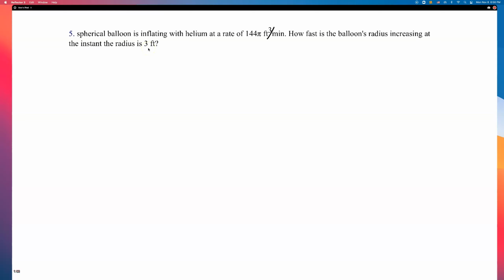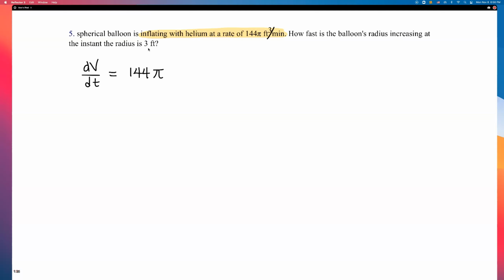What they gave us, the spherical balloon is inflating with helium at a rate of, what I'm highlighting in orange is how fast the balloon is getting bigger, right? This is change in volume. So this orange is dV/dt, and they're telling us that it's 144 pi. And it's increasing, so I'll keep a positive 144 pi.